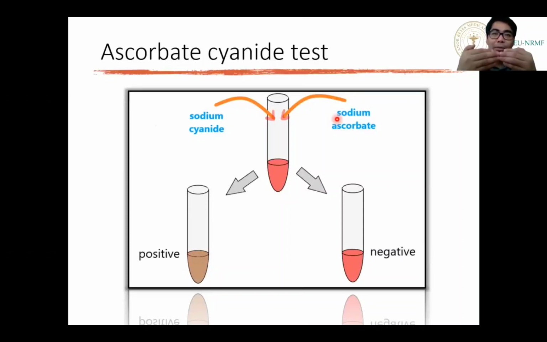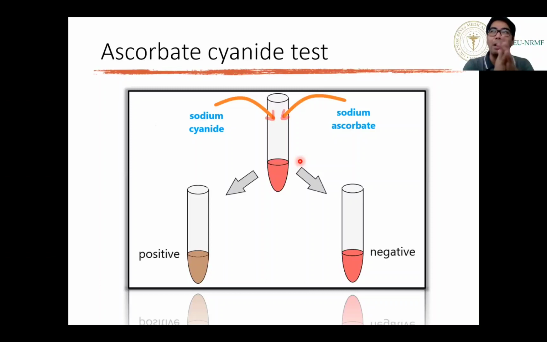So that means you have no problem with your hexose monophosphate pathway. That is why a negative ascorbate cyanide test shows no brown color. If it is positive, with brown color, it means you do not have enough reduced glutathione in your blood. Meaning, you may have a problem with the hexose monophosphate pathway. You may have G6PD enzyme deficiency or glutathione reductase enzyme deficiency. So your hexose monophosphate pathway is defective because it allowed brown color formation.